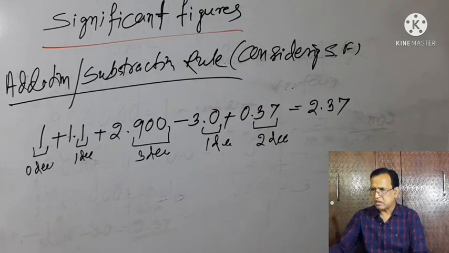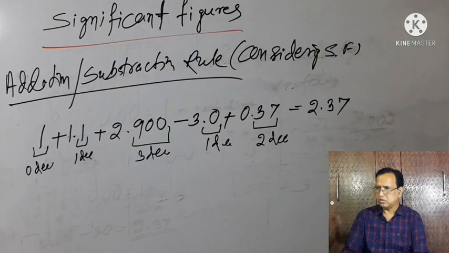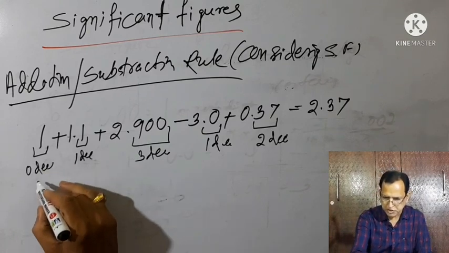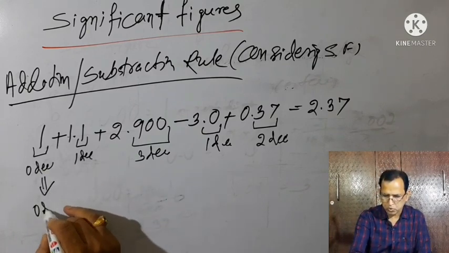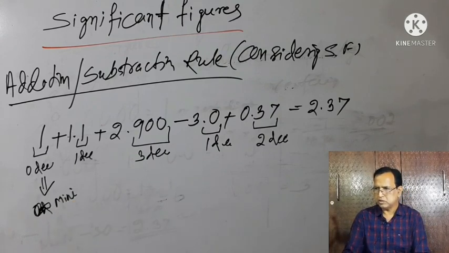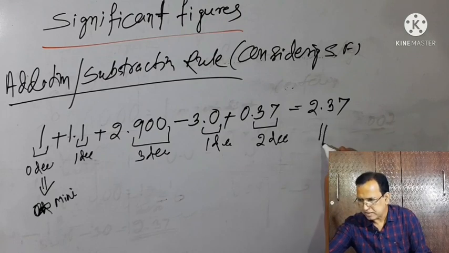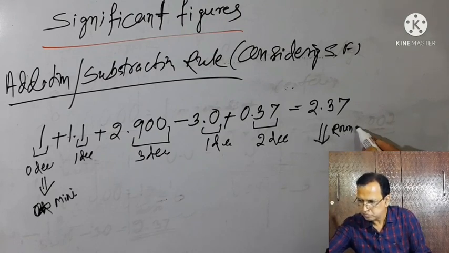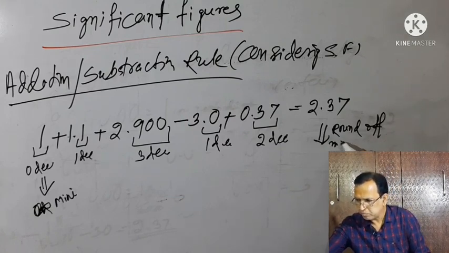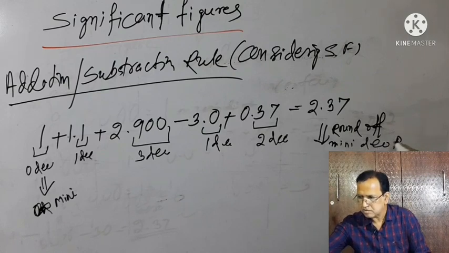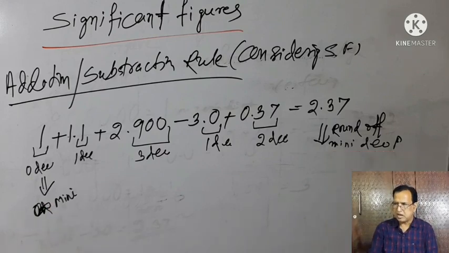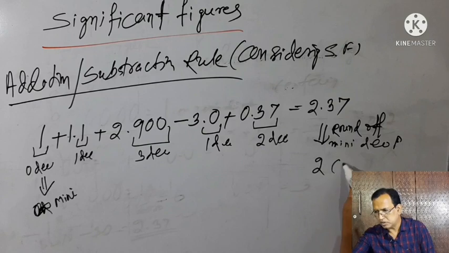So in this case, at last we round off only to the minimum decimal place. Minimum is 0. So 2.37 is rounded off to the minimum decimal place, which means 0. So the answer is only 2. This is the answer.